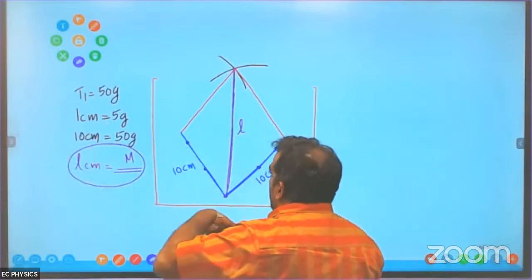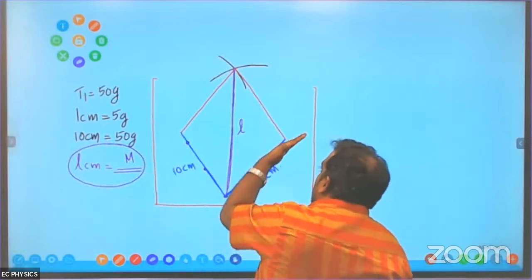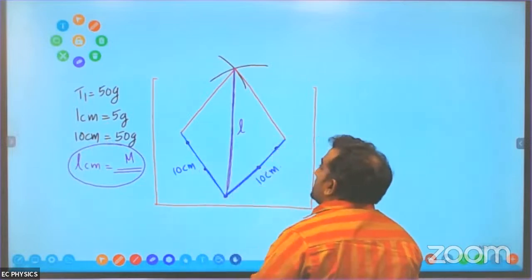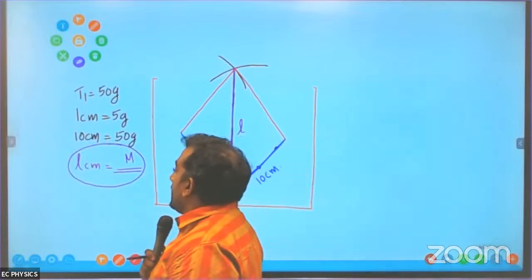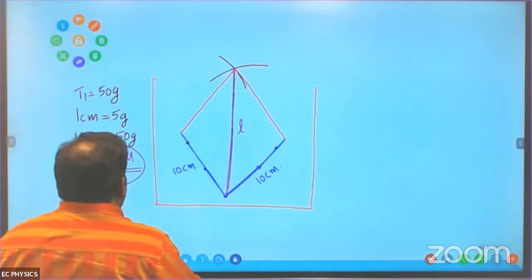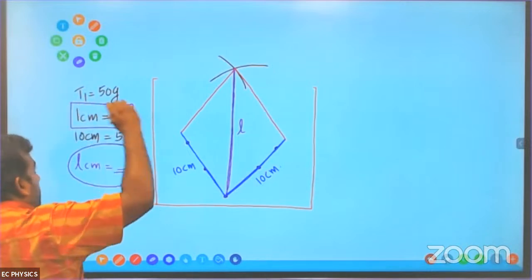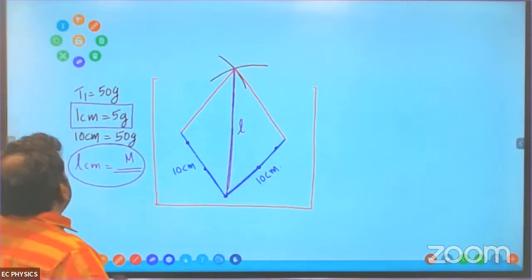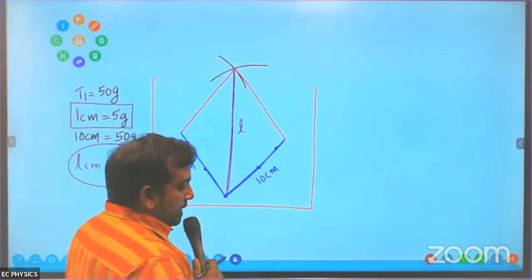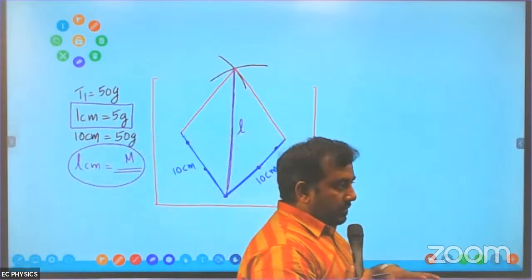In the above example, each string segment will give us 50 grams.